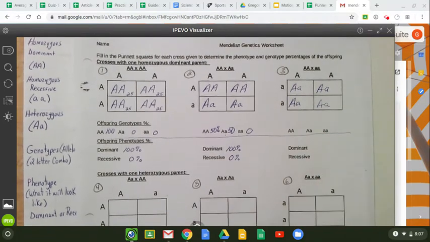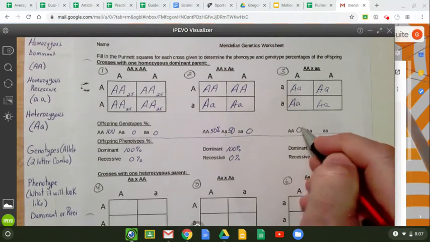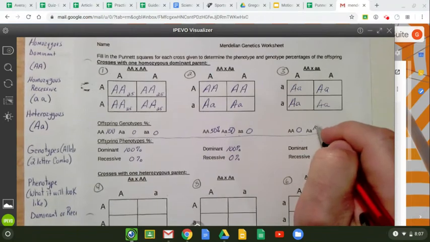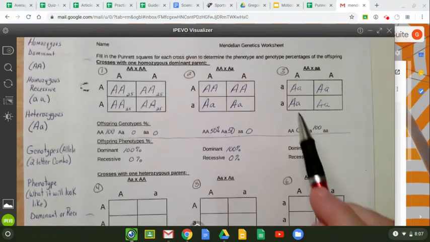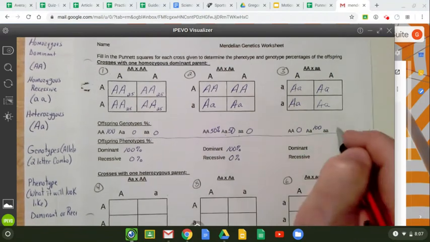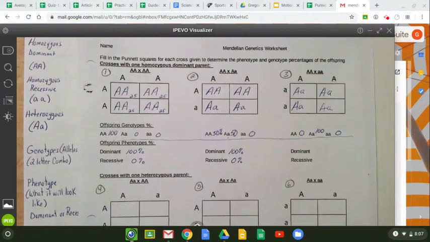So what you're seeing right now is you're probably saying to yourself, wow, they're all heterozygous. One capital, one lowercase. Well, you are correct. So here we have 0 homozygous dominant. We have 100% heterozygous, capital A, lowercase a, and we have 0% of homozygous recessive.